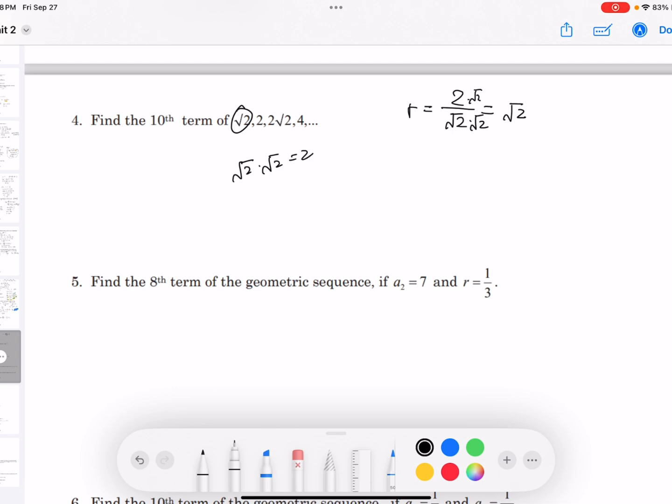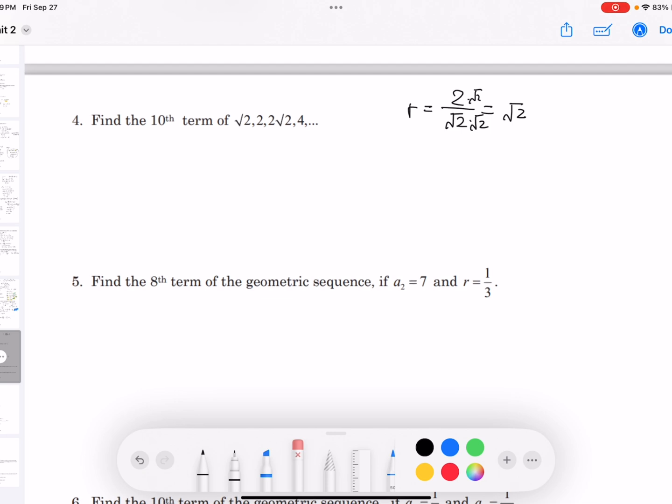That's my second term. And then my second term, 2 times square root of 2, is my third term. Yes, it is. This is a geometric sequence. And we have the r, we have the a sub 1.